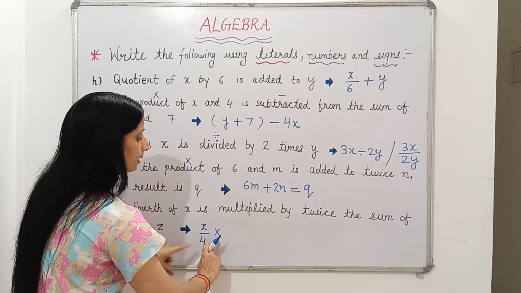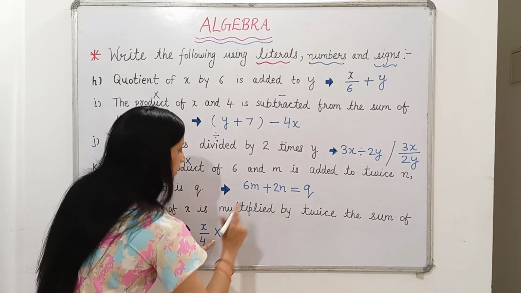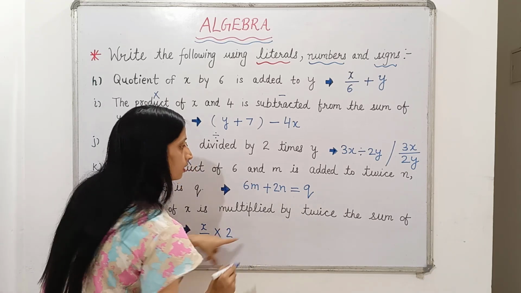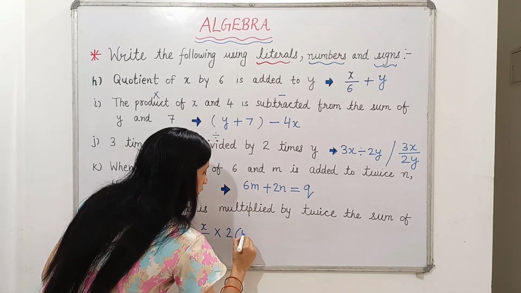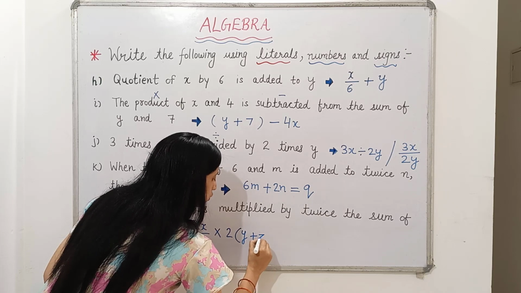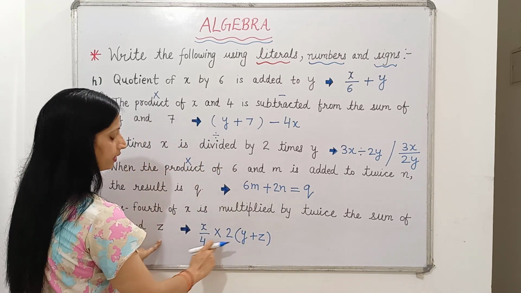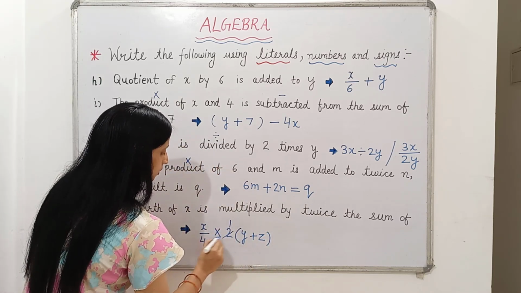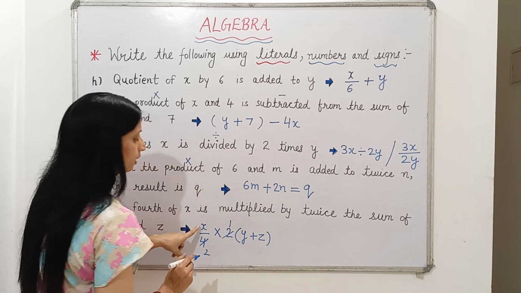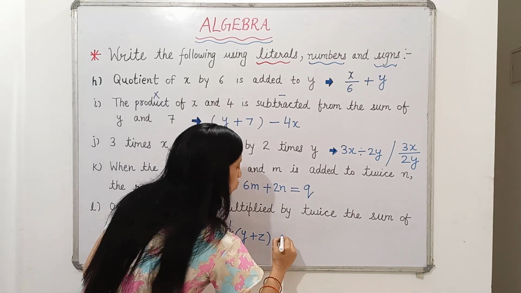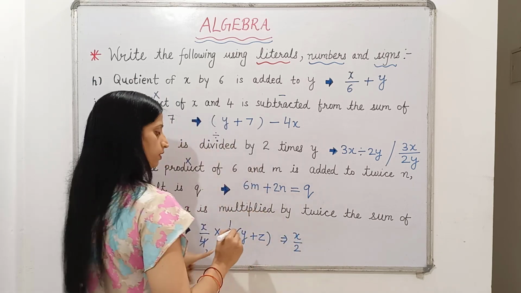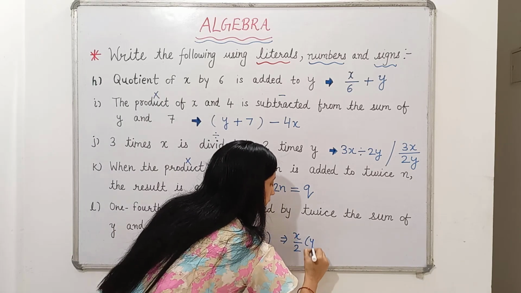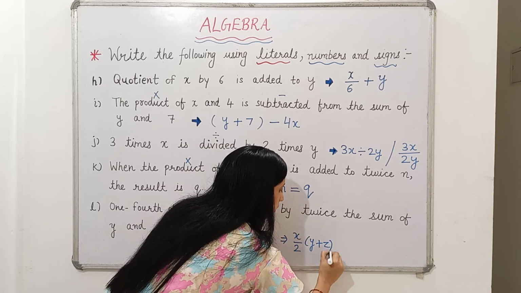So we have to multiply it by twice, write 2 in bracket y plus z. We can cut this, 2 times, it is 1 and 2. So what will we get? x by 2 in bracket y plus z.